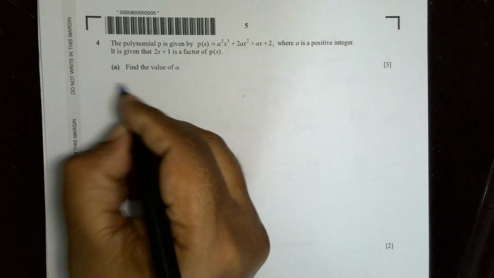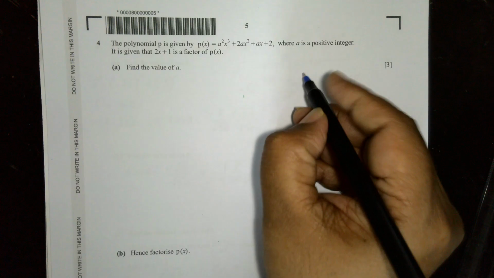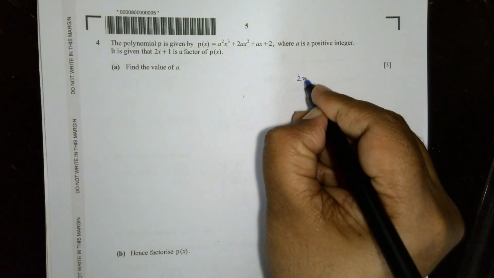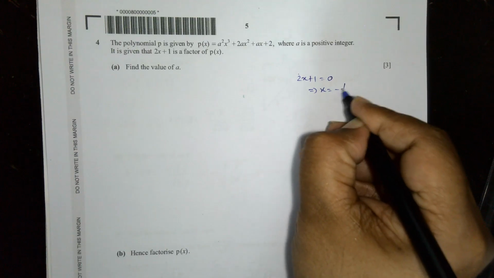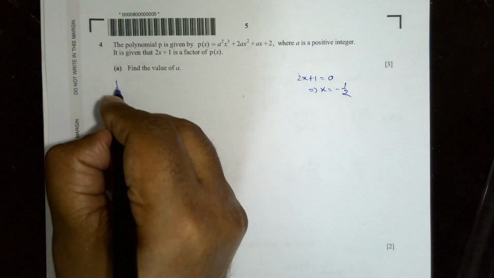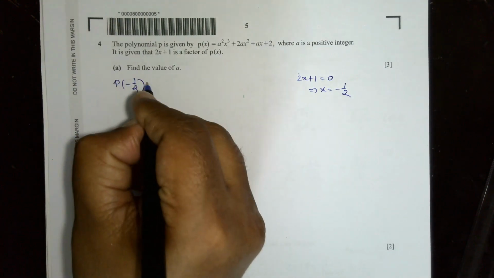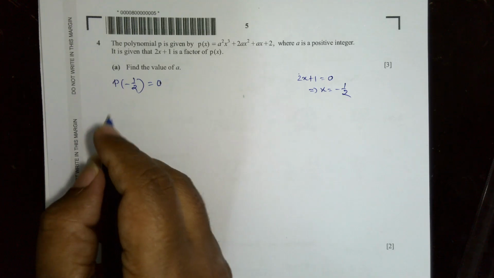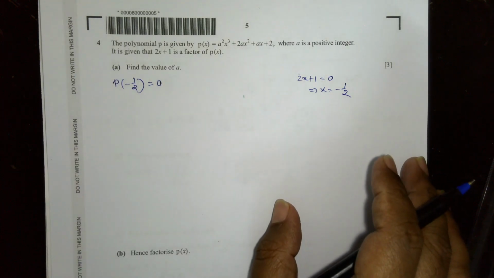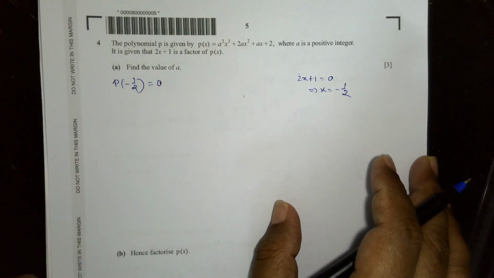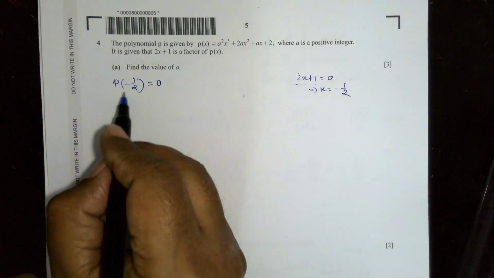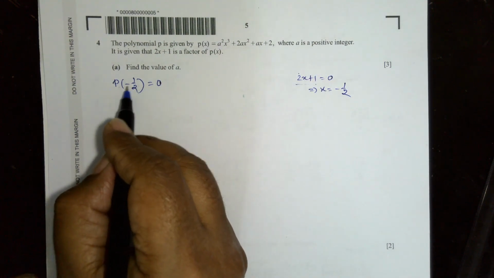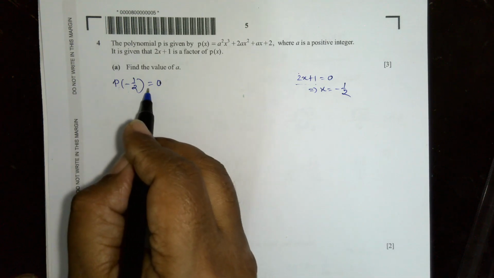Okay. So at first I can write 2x plus 1 equals 0. Hence, x equals minus half. According to the factor theorem, p of minus half must be 0, because the factor theorem tells us this. Since 2x plus 1 is a factor, that implies p of minus half should be equal to 0.